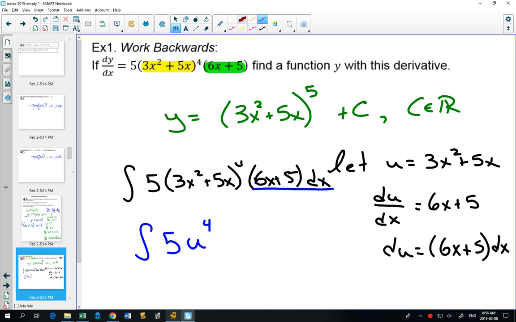And instead of all of this with the dx, I can write du. And now I've changed my integral to something that's super easy. How do you integrate u to the 4? Add 1 to the exponent, divide by your exponent, plus c.